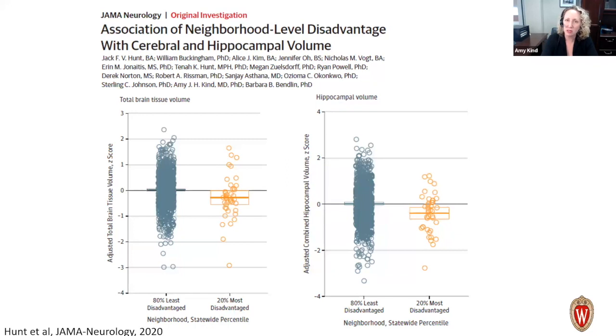However, those cardiovascular risk factors did not explain the differences seen in hippocampal volume, thus leading to questions about whether different types of mechanisms could be going on there, perhaps involving early life development and cognitive reserve.